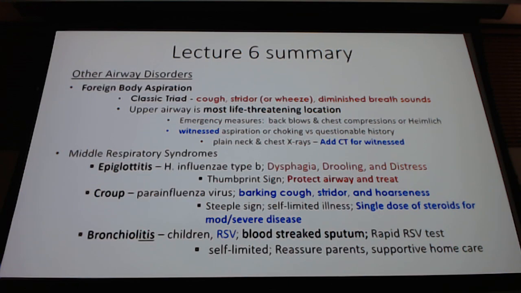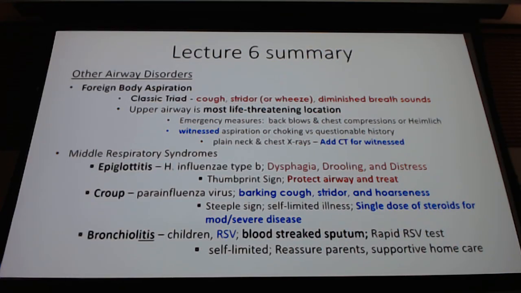Bronchiolitis, again, itis is inflammation. Inflammation of the bronchioles in children. This is classically associated with RSV. Down in the bronchioles, we've got more nerves and more vasculature, so kids can come in with true hemoptysis, that blood-streaked sputum. Lots and lots of mucus. You can test for it.